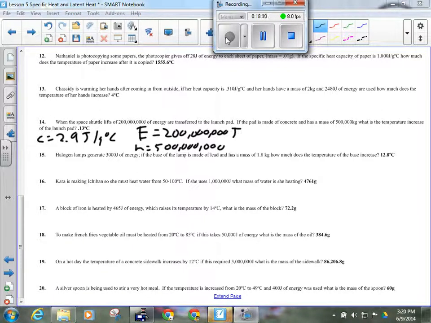Then all we have to do is find delta T. So delta T will be E divided by M times C. 200 million over 500 million times 2.9 gives us 0.13 degrees Celsius. I'm sure it's more than that, but sometimes I pick numbers out of my head and they don't work out well. I'll make sure that on the test, any ones I give you make sense. Any other ones?